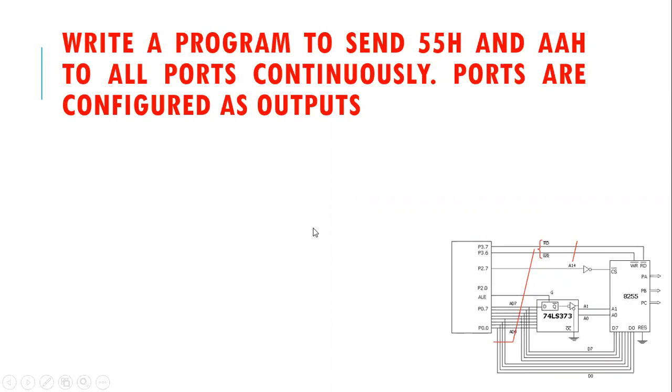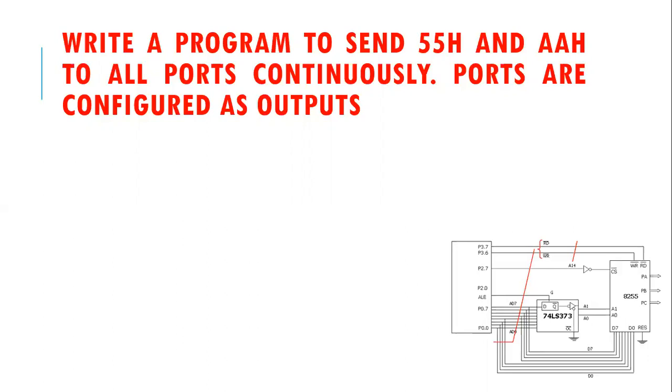So how to write a program? First thing to understand, as we have discussed earlier, is that we have to find the address of the control register. Next, we have to write a byte into the control register.